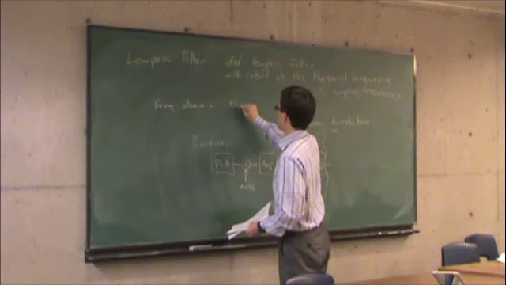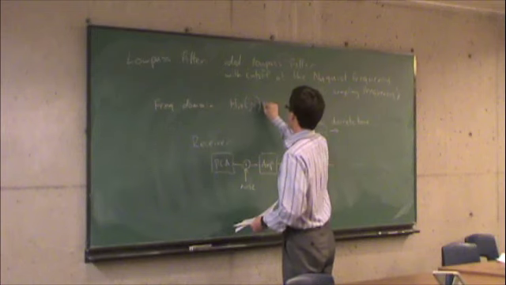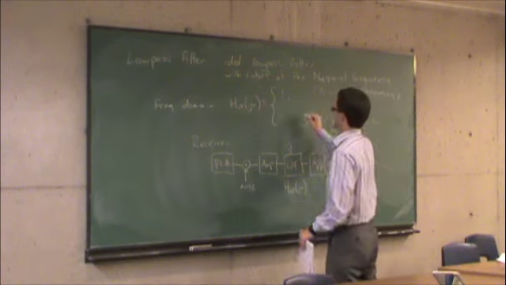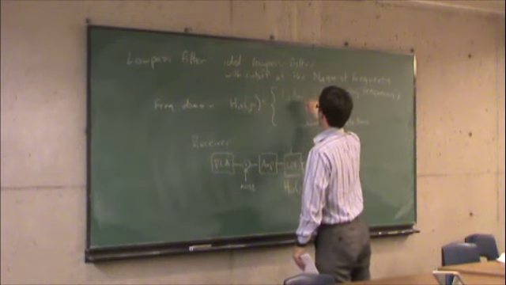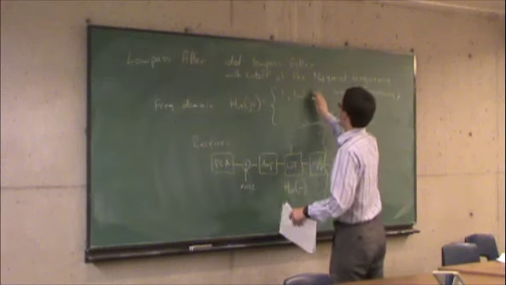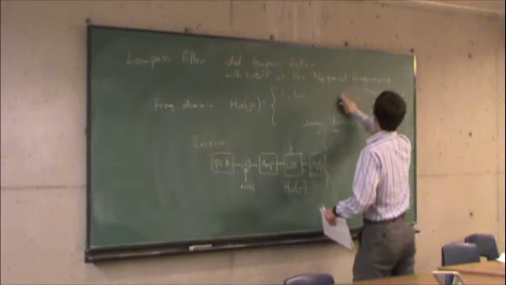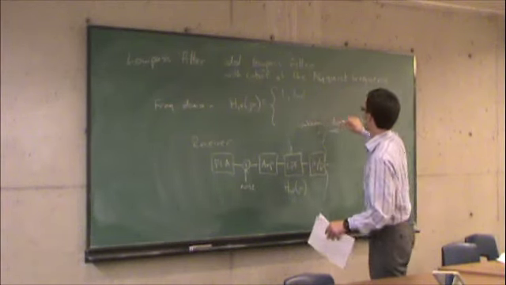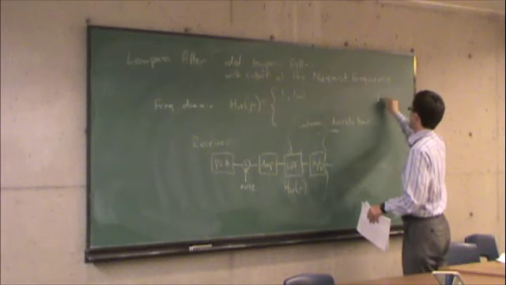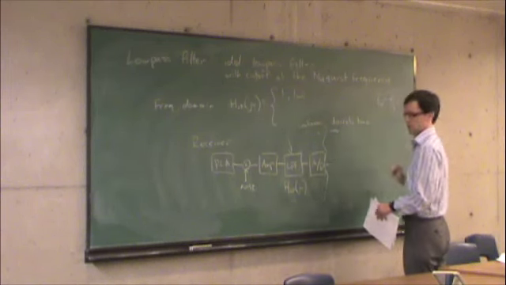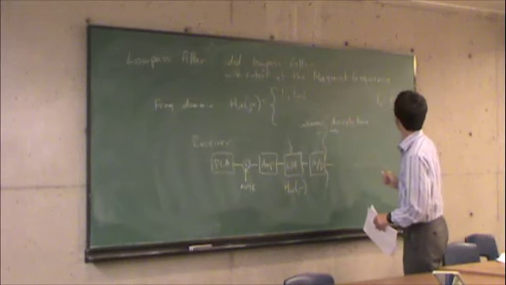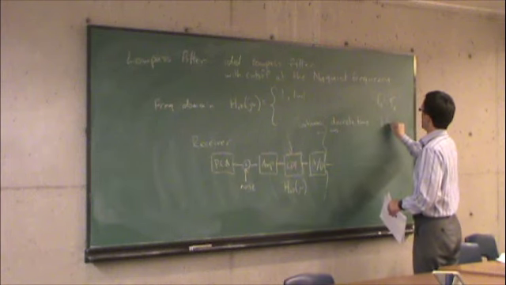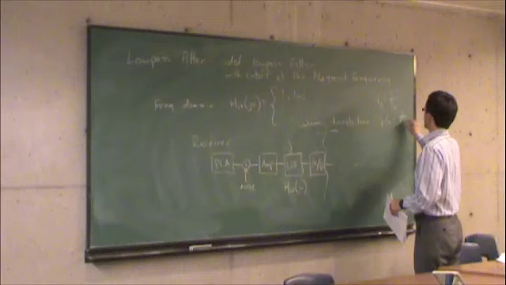HLP of j omega is equal to 1 for all the pass frequencies. Let's just take a quick aside here. Sampling frequency Fs is 1 over Ts. Half the sampling frequency is 1 over 2 Ts.